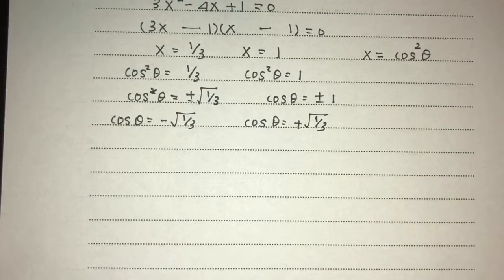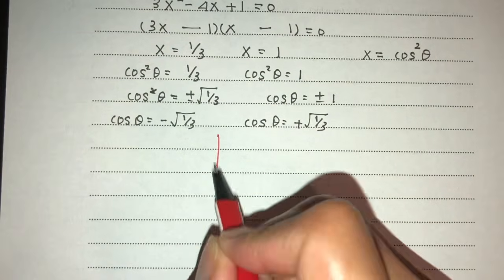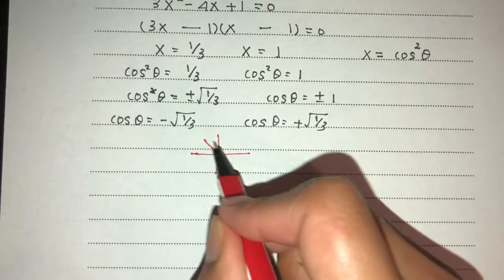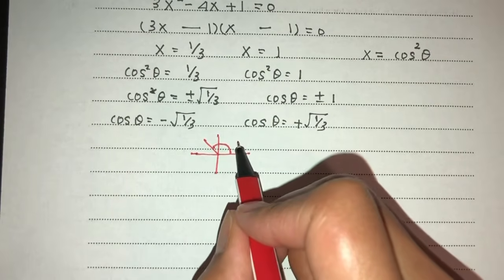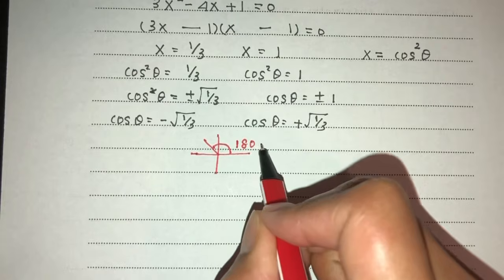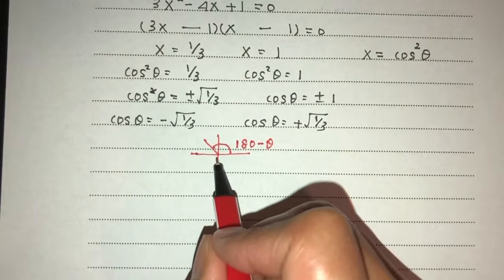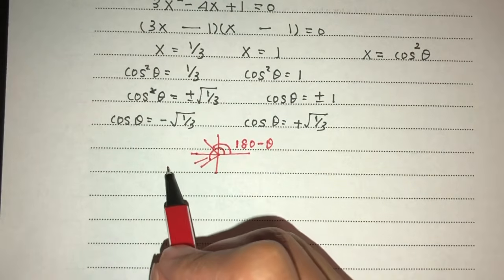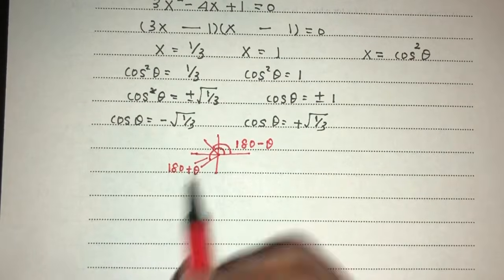So you guys must know when cos is negative, it will be in your second quadrant, which is 180 minus theta, and your third quadrant, which is 180 plus theta.